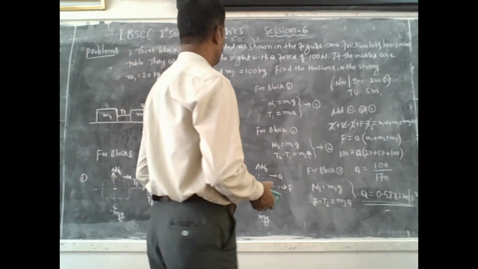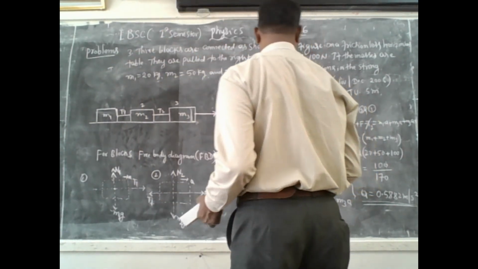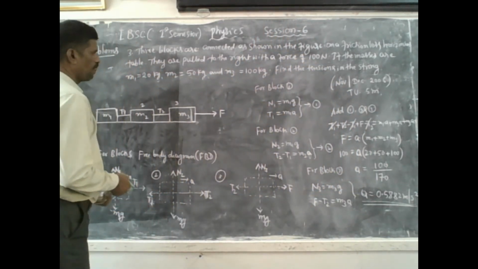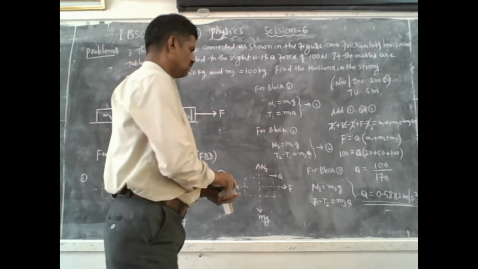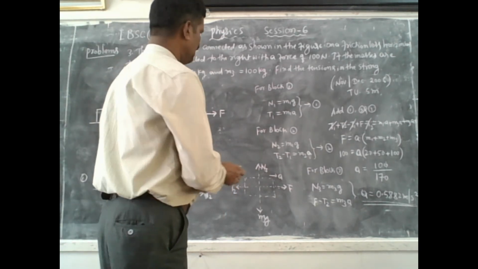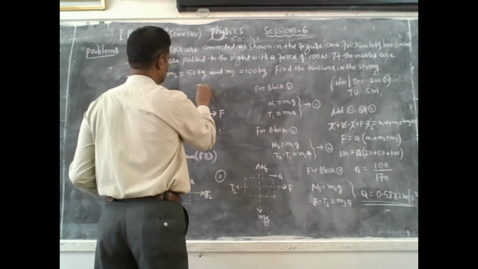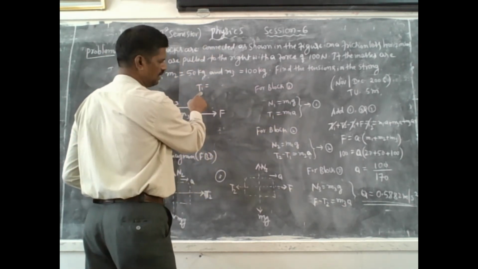And we can find the tensions in the string, isn't it? So now T1 is equal to M1 times A. We have to find tension 1.